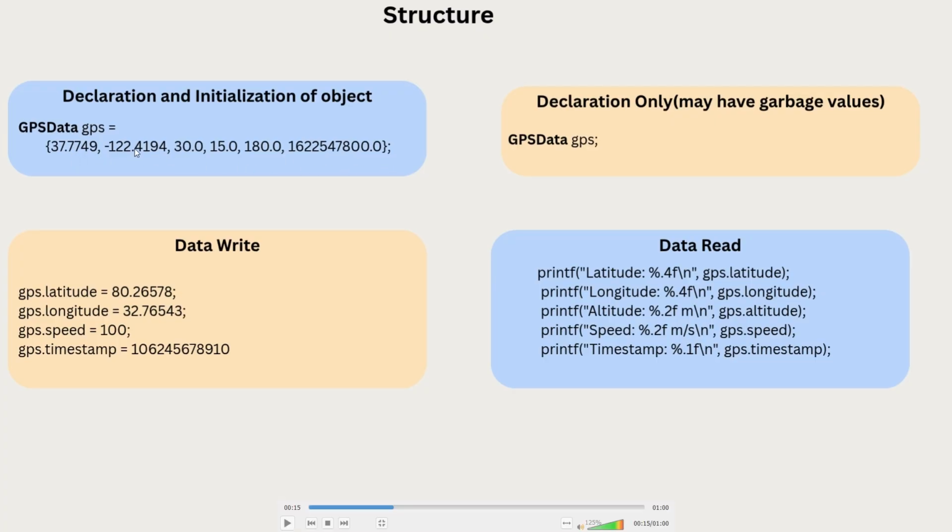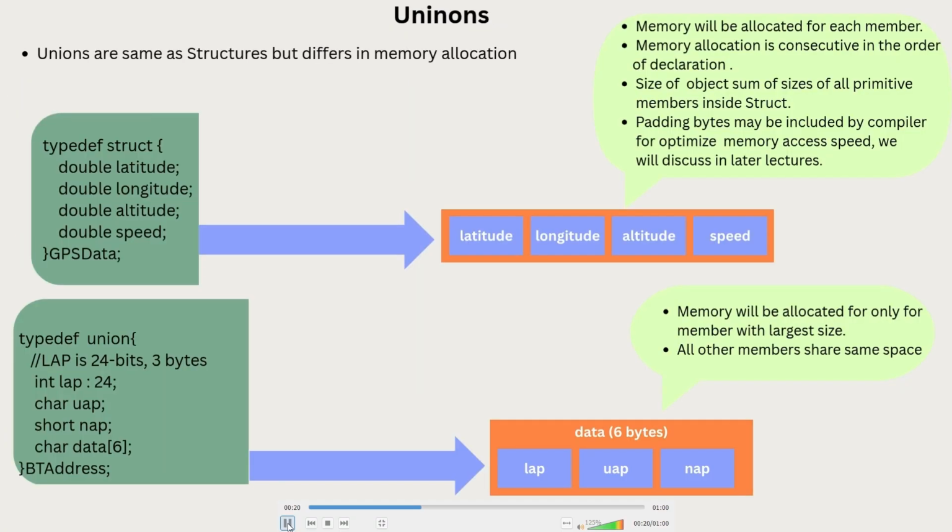If you miss anything, you will get a compile error. Also, if you don't want to initialize, just declare it, and later you can write like this, gps dot latitude equals something, longitude, like this. And if you want to read it, you can read like this, gps dot latitude, gps dot longitude. So this is how we create structures and create variables of it, and then read and write to it.